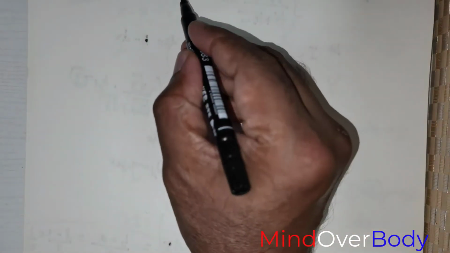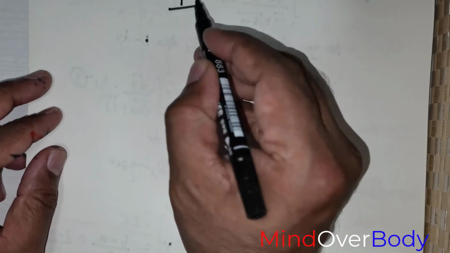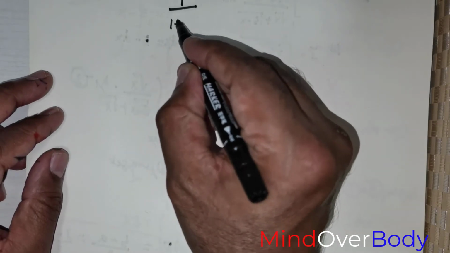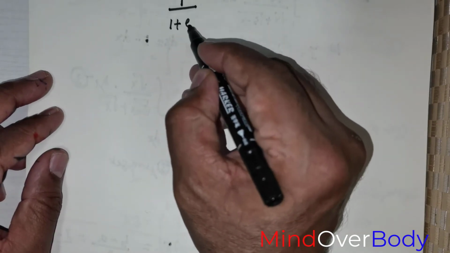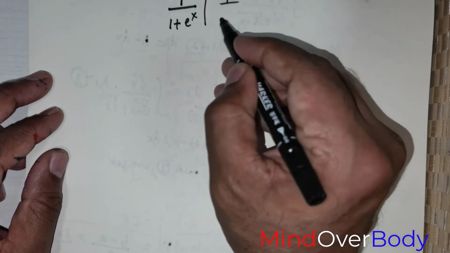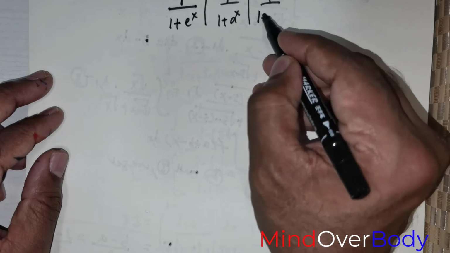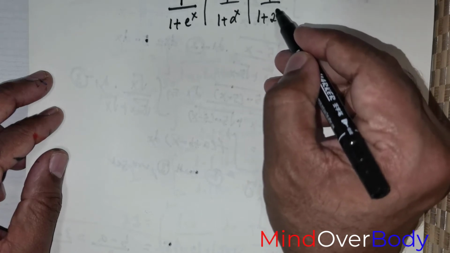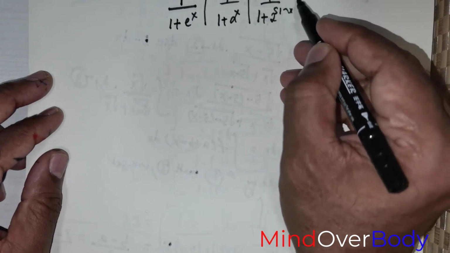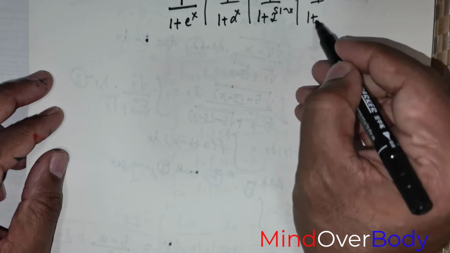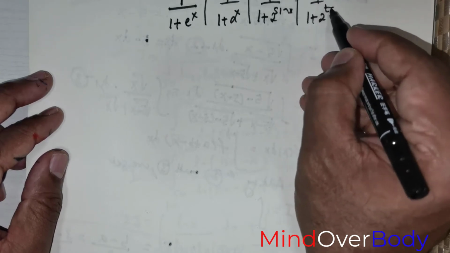Students, we are going to look into integrals of this fashion: 1 over 1 plus e raised to the power of x, 1 over 1 plus a raised to the power of x, 1 over 1 plus 2 raised to the power of sine x, and then 1 over 1 plus 2 raised to the power of tan x.